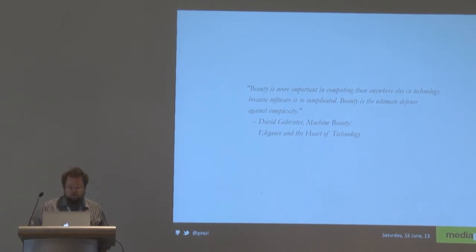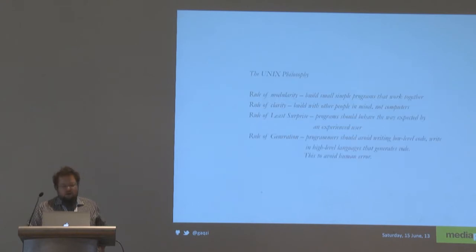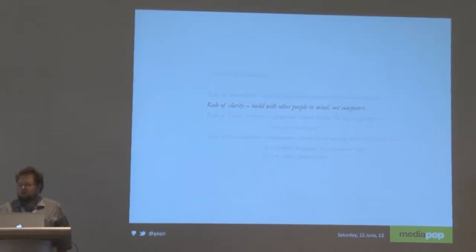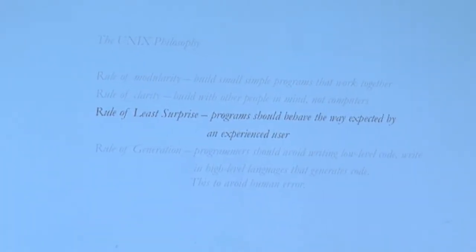We see this in the Unix philosophy. They talk about how we have to make sure things are small, simple programs, make it beautiful. We have to make things clear. We have to make sure people understand what's going on, that we as people understand it. The rule of least surprise: a person who knows the space you're working in should instinctively understand what your program is all about.